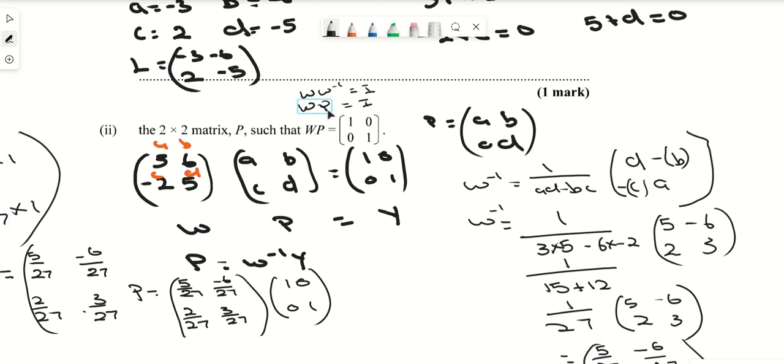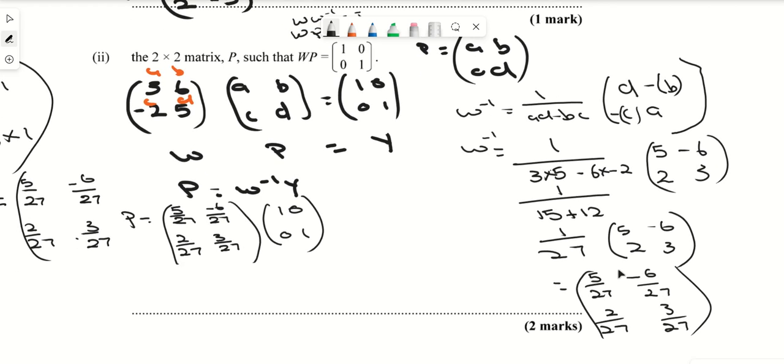You could have just said P is also known as W inverse, and your inverse of W is this right here. And that is the next way.